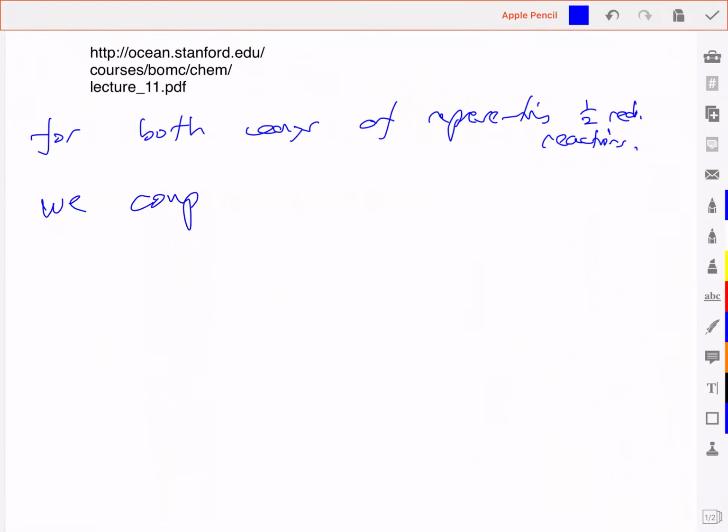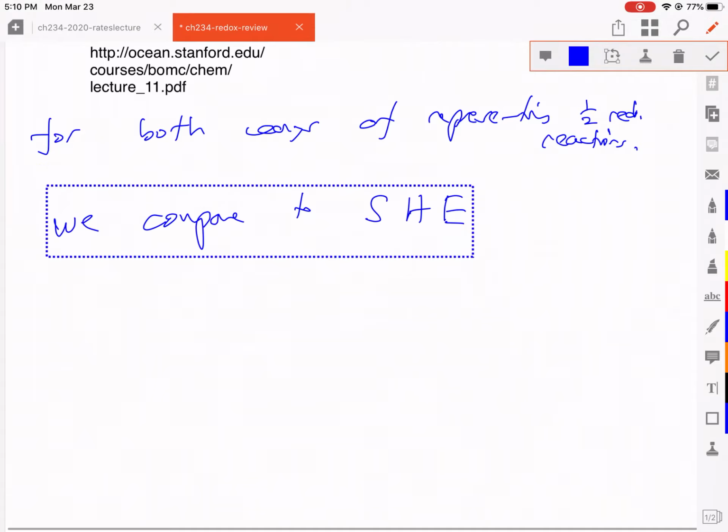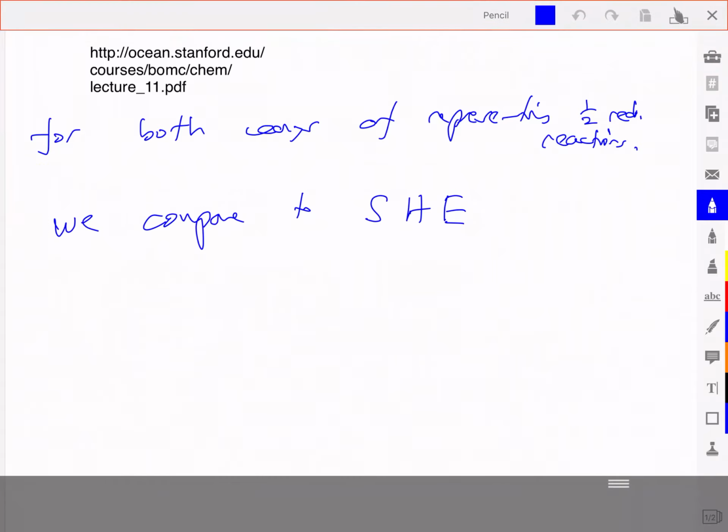we compare to standard hydrogen electrode. And so that's given a value of 0 in terms of potential, or a log K red of 0.